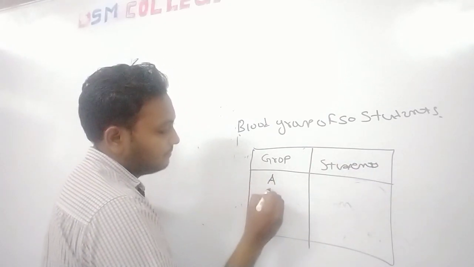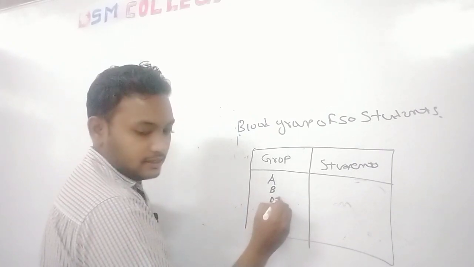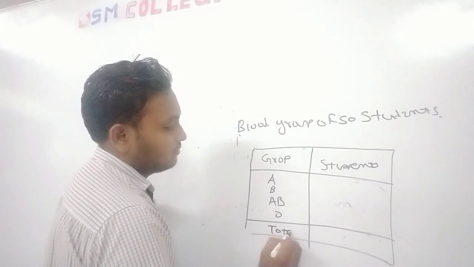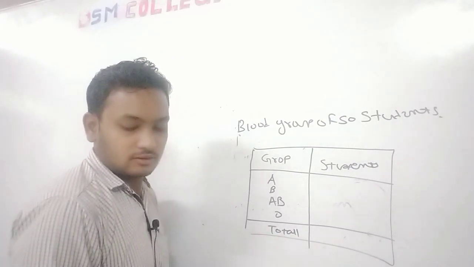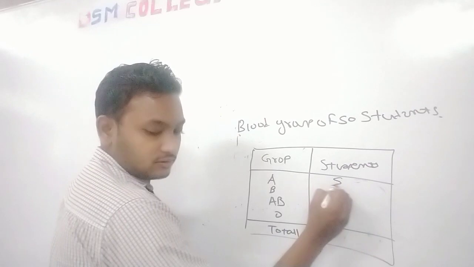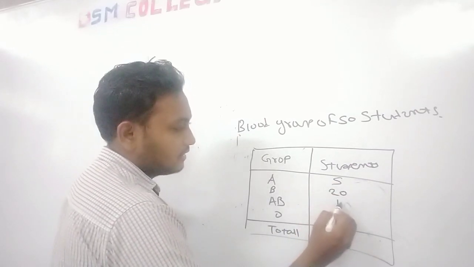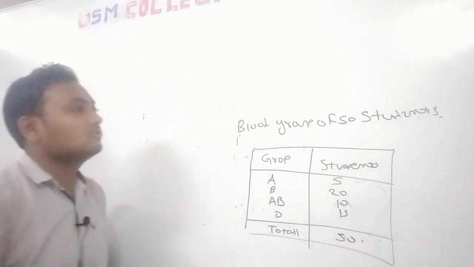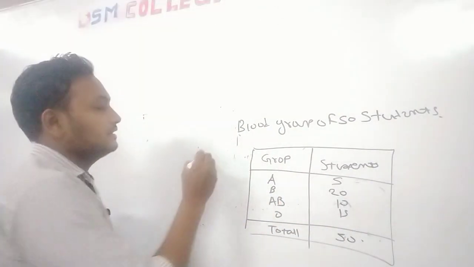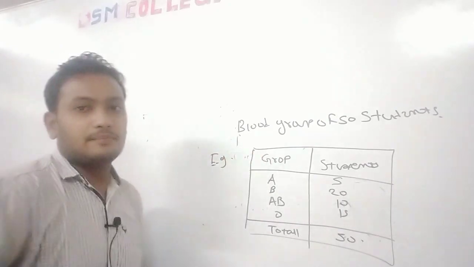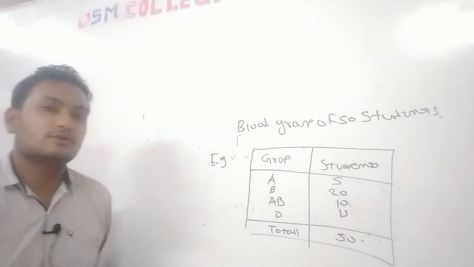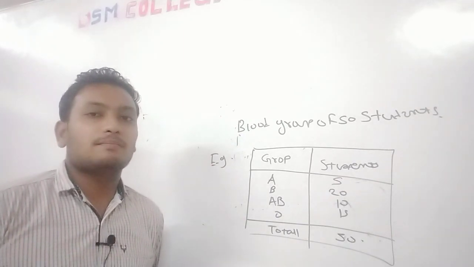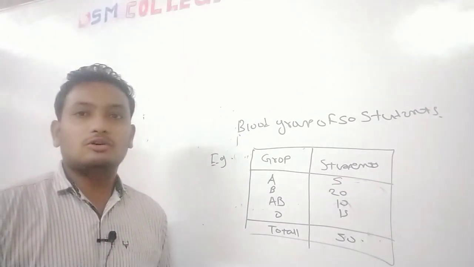Blood group A, blood group B, blood group AB, blood group O, with 5 students, 20 students, 10 students, 15 students, total 50. This is the provided data, and the examiner asks you to convert it into a pie diagram. How to draw the pie diagram?